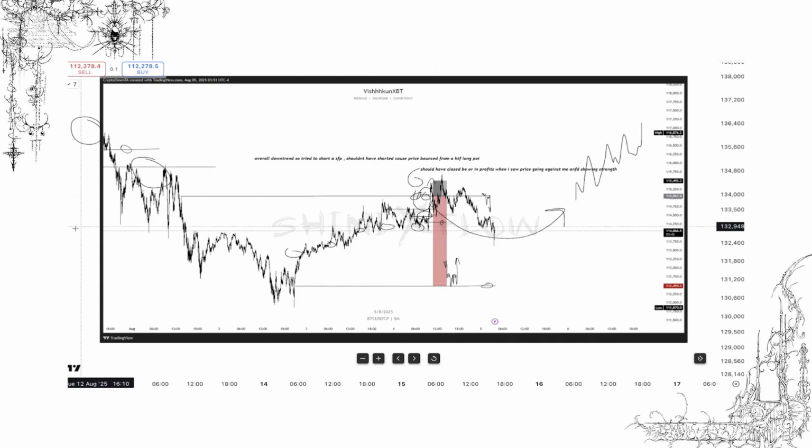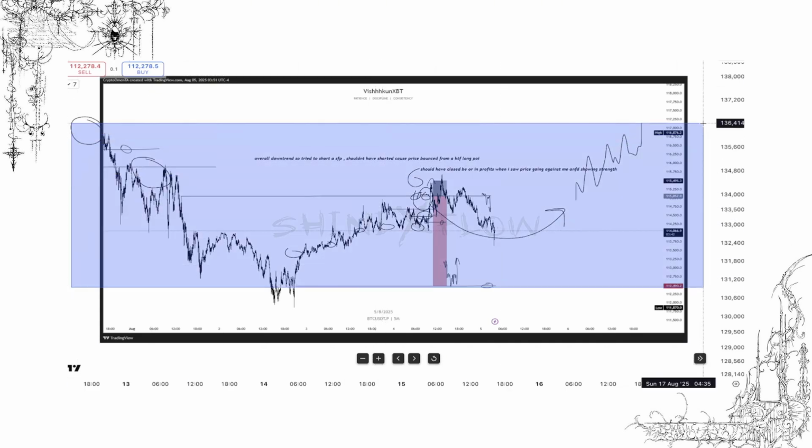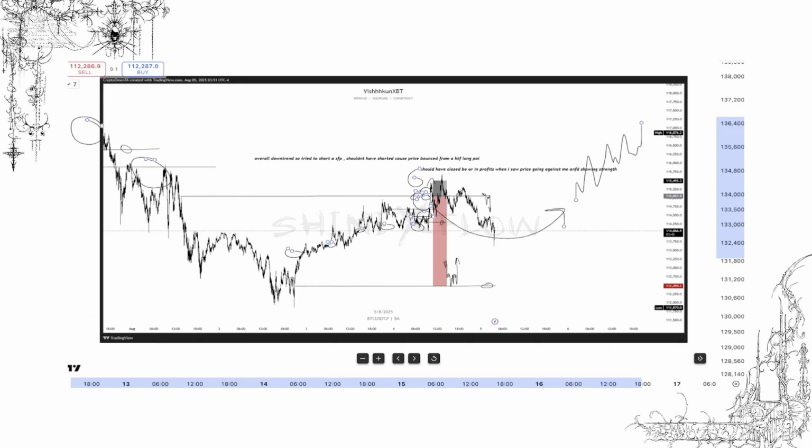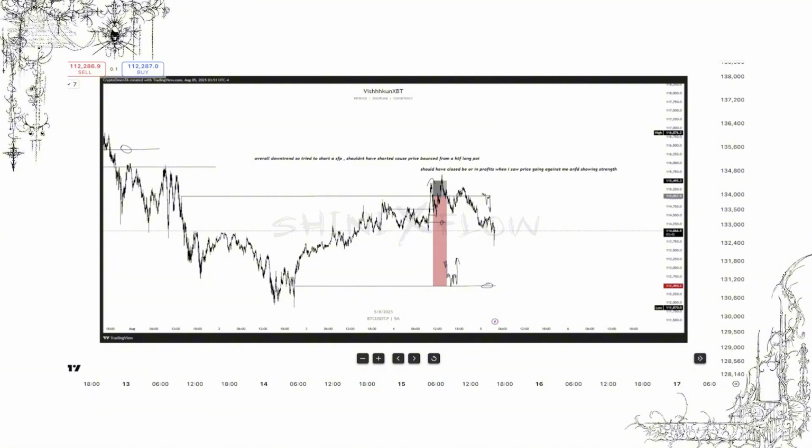let me clear this right here. Delete this here. First of all, I have to mark out. This is not even an SFP. It's just that your stop was pretty cooked. You see these highs? This high pretty much held. I have no idea why you put your stop randomly just below the high.